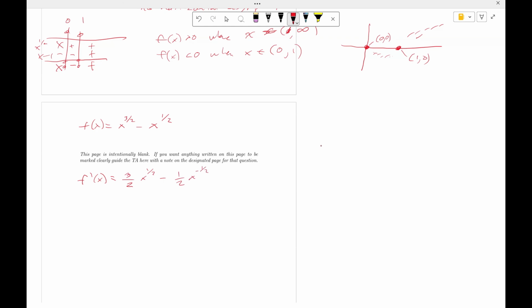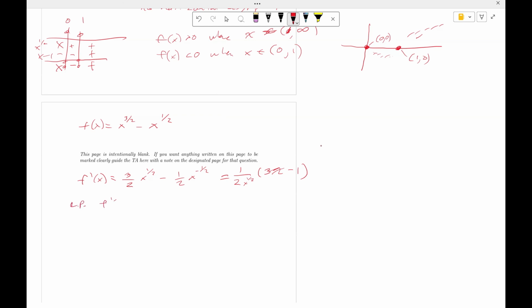To get the derivative, doing the power rule I find is easiest. Now I factor. So it's 1 over 2 x to the 1/2 times (3x minus 1).